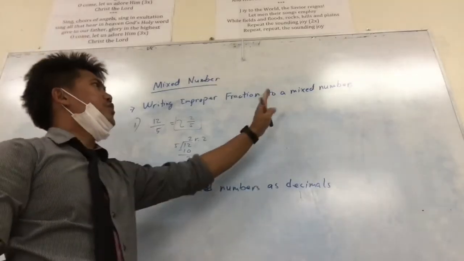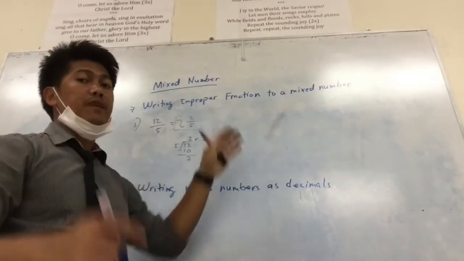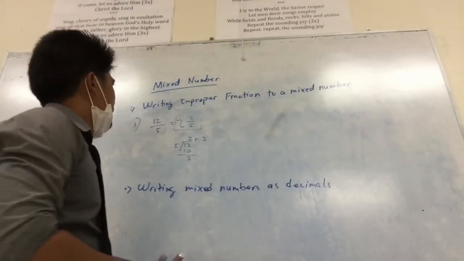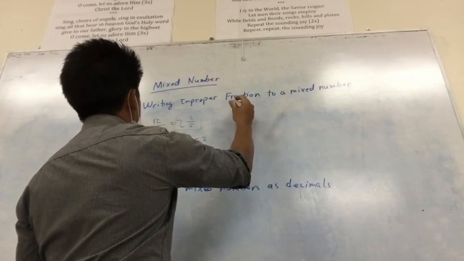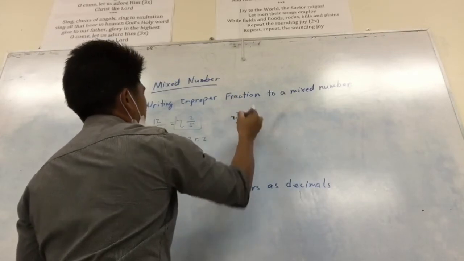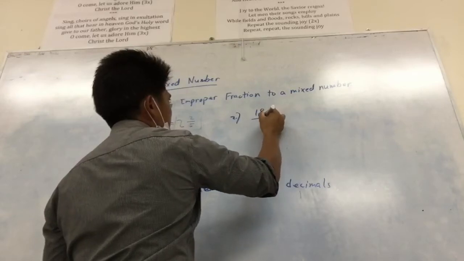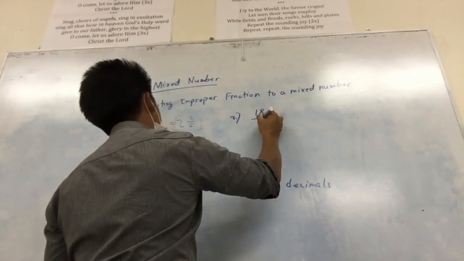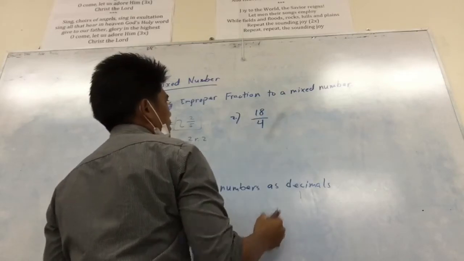By the way, if the mixed number is not simplified, you have to simplify it. Let's find another example. Let's say number 2 is 18 over 4.